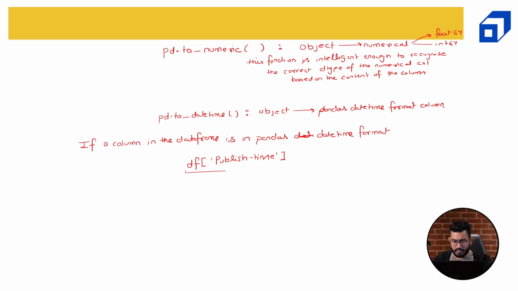Now I know that this column is in Pandas datetime format, right? Now if I put dt and dot, this dt is basically an accessor which can help you to perform extraction of various components of date and time.